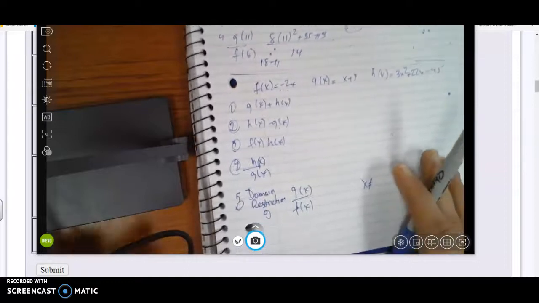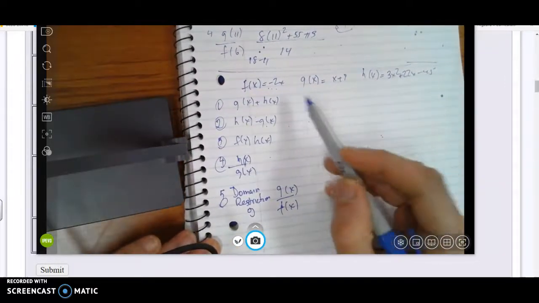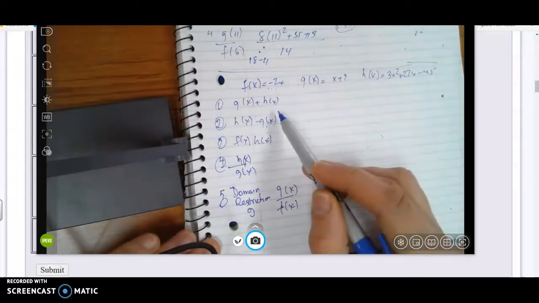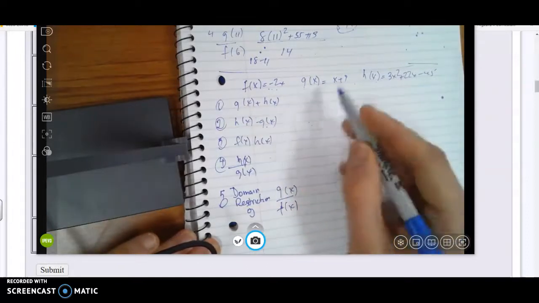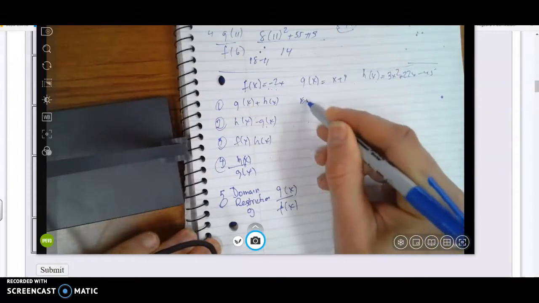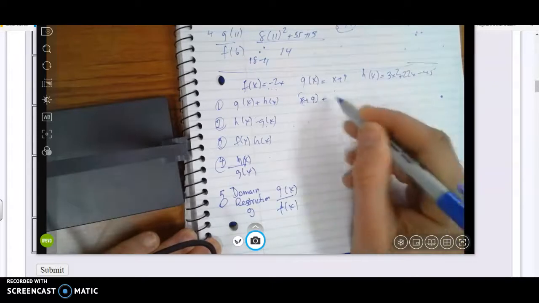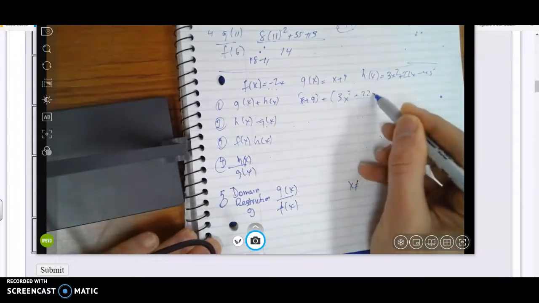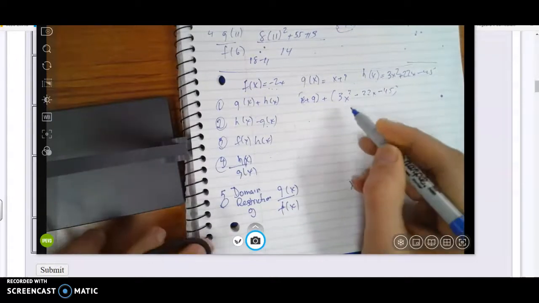Now down here we have three different functions defined, and we're just asked to perform operations with them. Notice you're not going to get a numerical answer. You're going to have x's in your answer, and that's okay. So g of x plus h of x means we take g of x, which is x plus 9, and we simply add that to h of x, which is 3x squared plus 22x minus 45, and we combine like terms if possible.